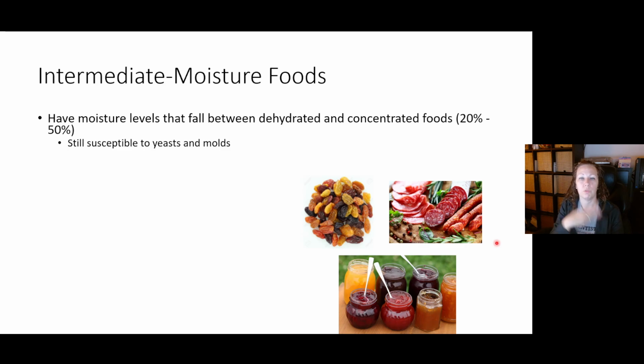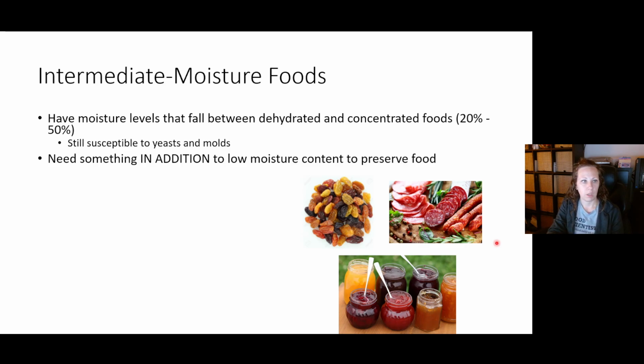Well, I would say not all of them. They will all need something in addition to low moisture content to preserve the food. That might be that they have enough dissolved solutes to prevent the growth of microbes.